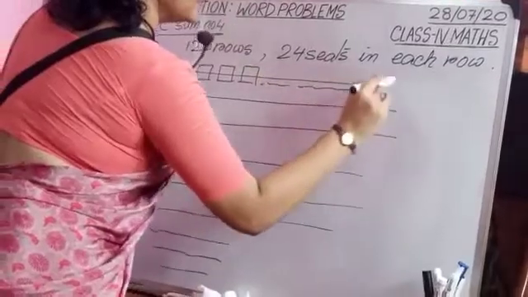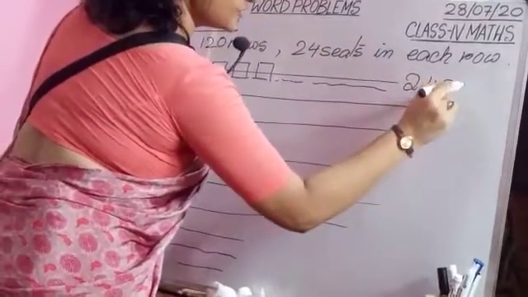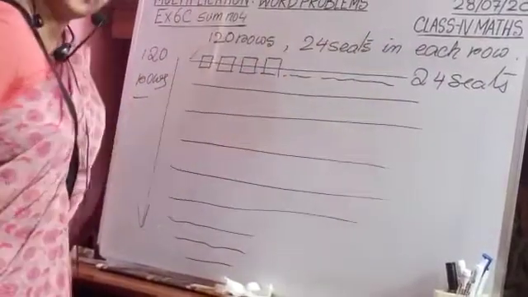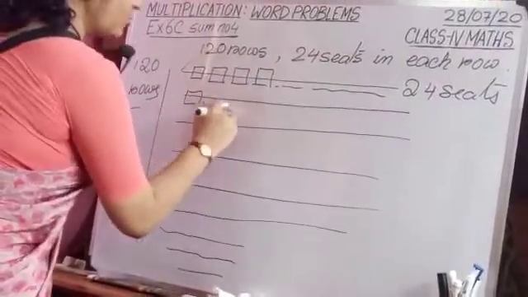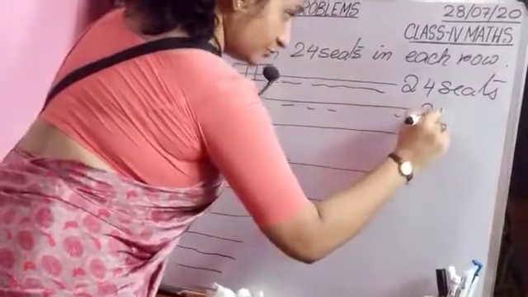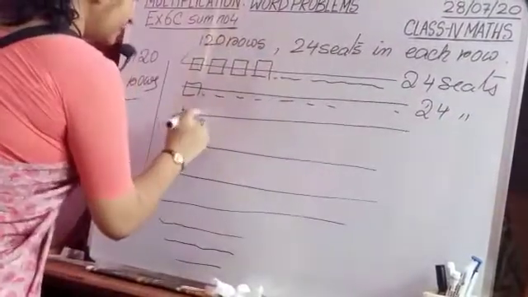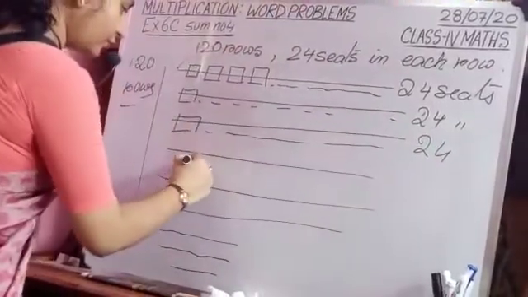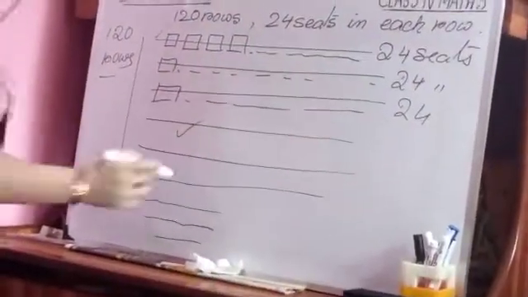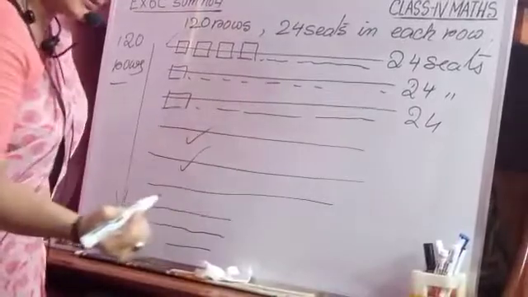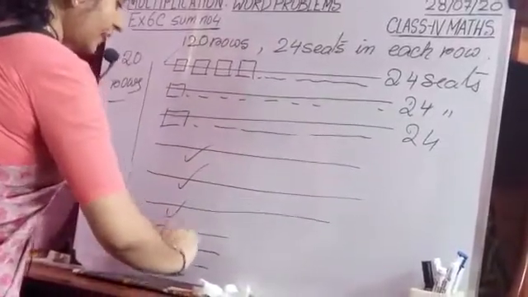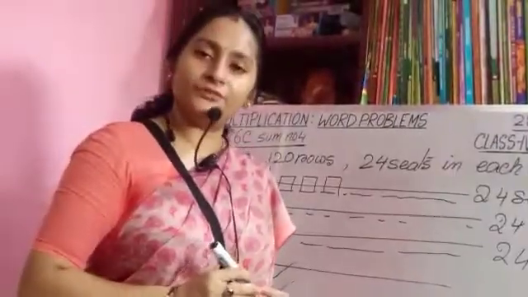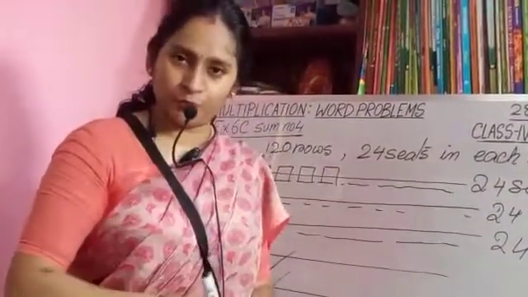Like this there are 24 seats. In the first row there are 24 seats. In the second row there are 24 seats. In the third row there are 24 seats. In the fourth row, 24 seats. Fifth row, 24 seats. 6, 7, 8 till 120th row, there are 24 seats in each row.